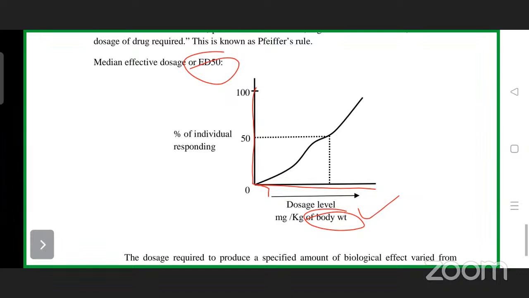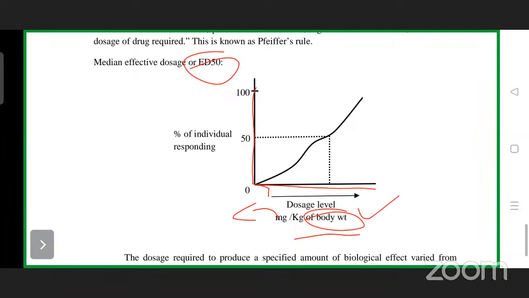Milligram per kg means how much of the active drug compound is taken for the weight. The weight may be 10 kgs, 20 kgs, 50 kgs, 60 kgs, whatever, so that will be taken here.